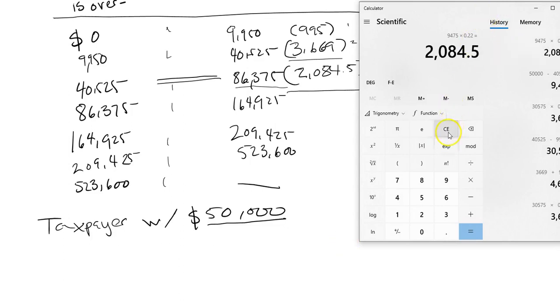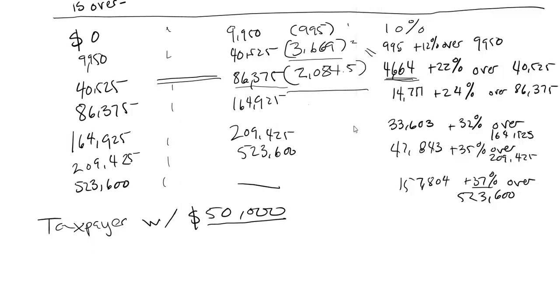So if we take all three numbers here, 995 plus 3,669 plus 2,084.50, we have a total tax of $6,748.50. So that's total tax right here. I'm going to highlight this.